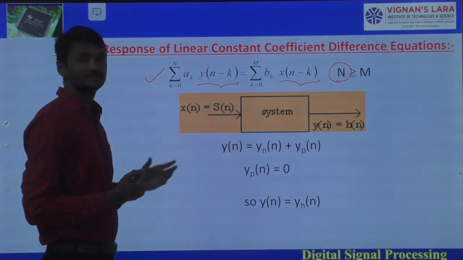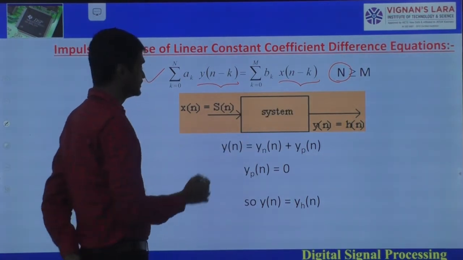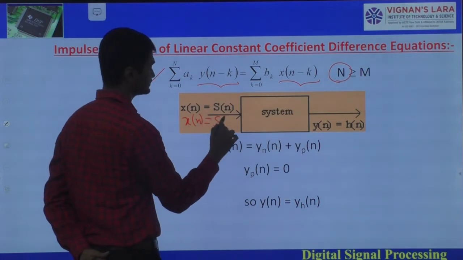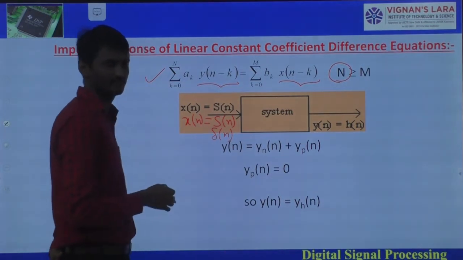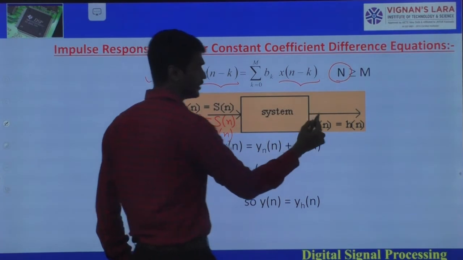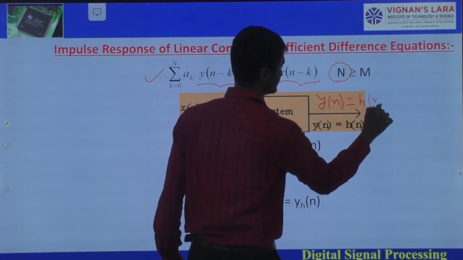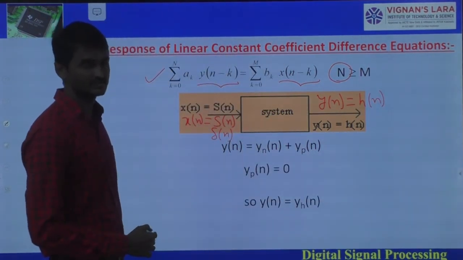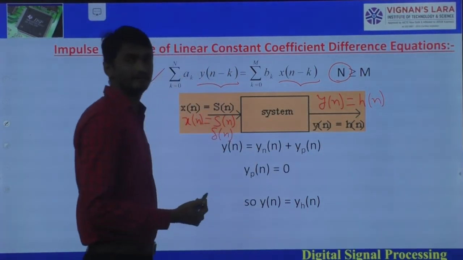So what is the impulse response? We have a system, and if the system input is the unit sample or unit impulse function, which are the same, then the output or response of that system is called the impulse response.